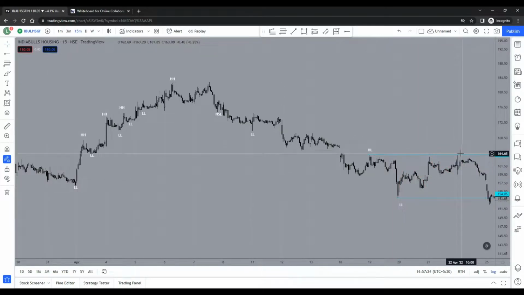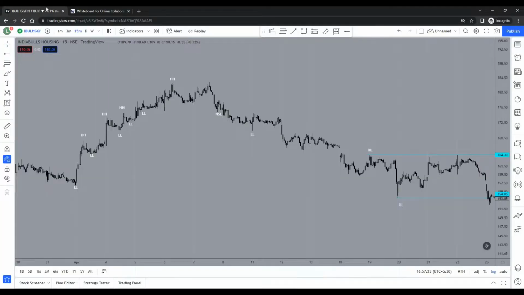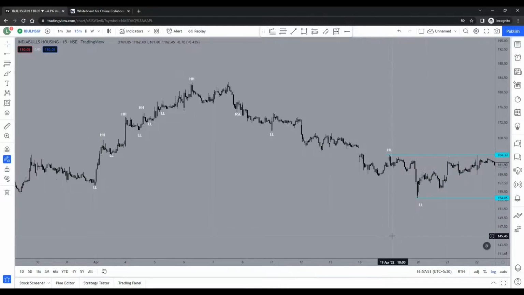We still expect. Yeah, here comes our forecasting, forecasting the future move. Once I have identified that the price is moving in an uptrend like this or a downtrend like this, our future projection or expectation, what we call, you see, we have not seen this part, forget about this part, but we have seen this thing, right?